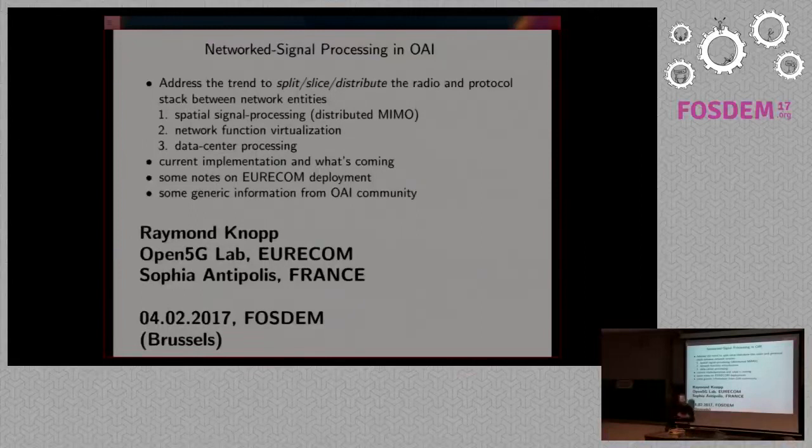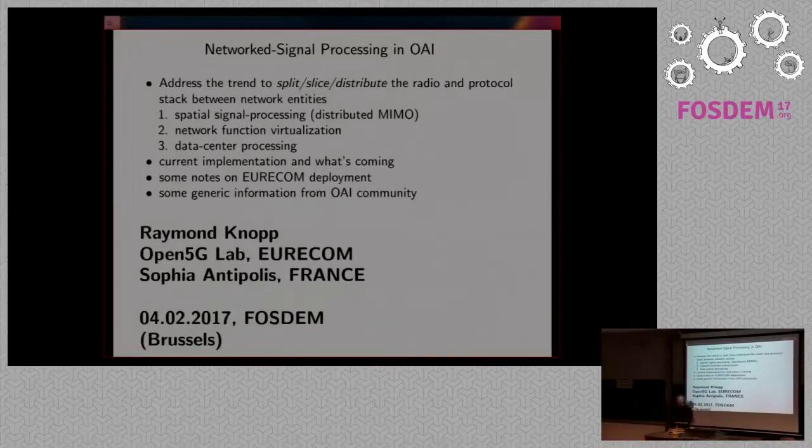Well, it turns out that now the operators and the vendors would like to start splitting things again, but they're doing it in a different way, in a very flexible way. So this talk is looking at how you take a radio system and either split it, or there are other terms that are used, slice it. That's more from the perspective of services, or from a computing perspective, distributing the computing in different parts of the network, both in the radio processing and in the protocol stack.